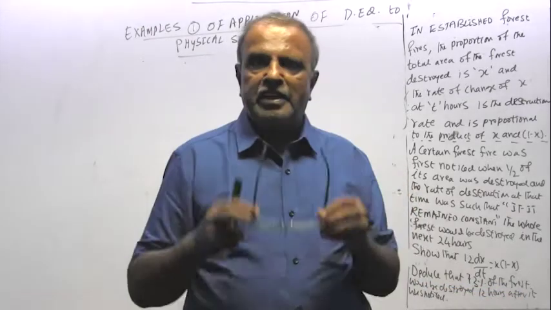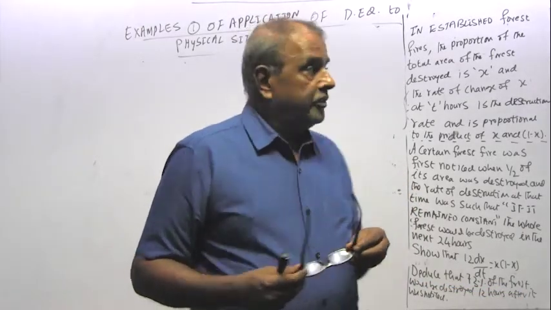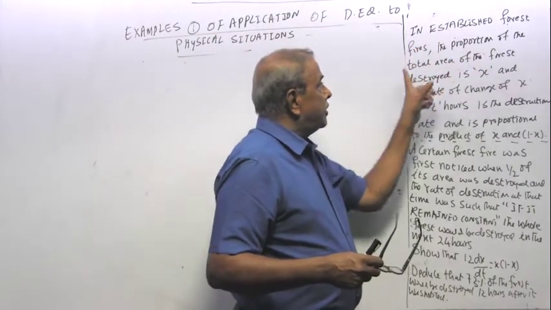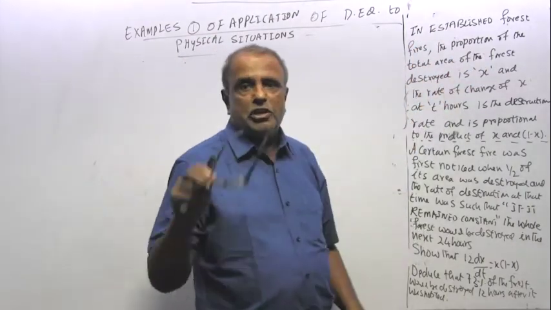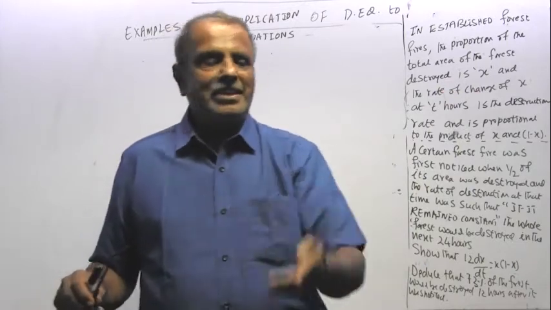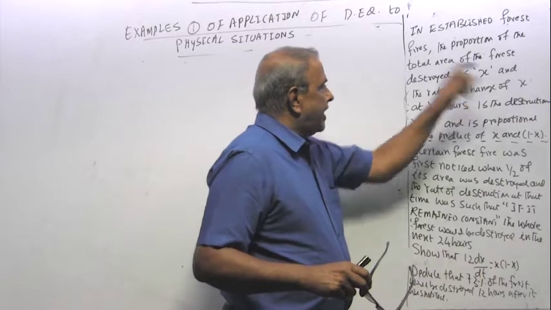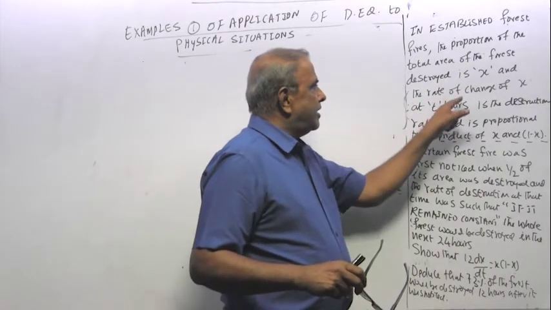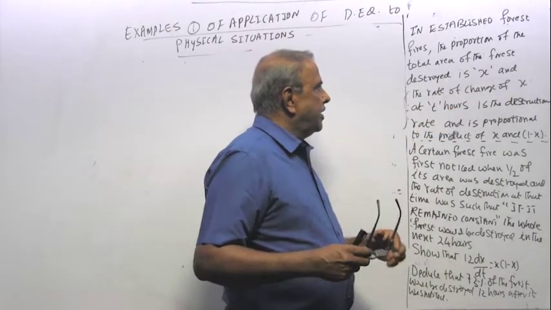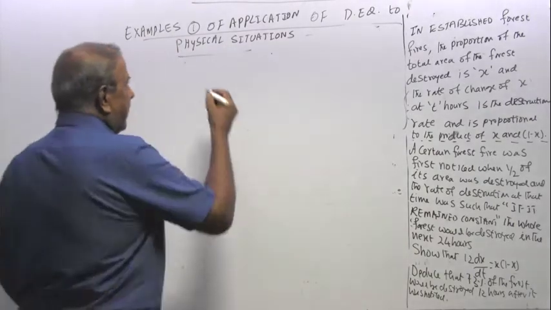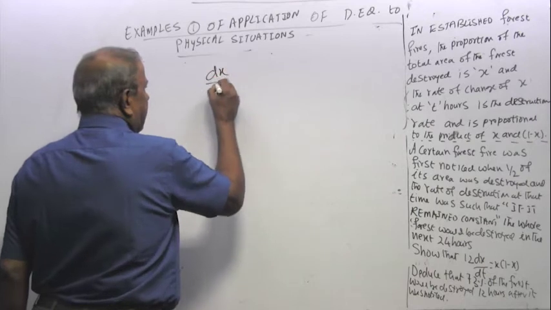They're the most destructive. So, in established forest fires, the proportion, a fraction of the total area of the forest destroyed is X, and the rate of change of X in T hours is the destruction rate. So, rate of change is dx by dt.